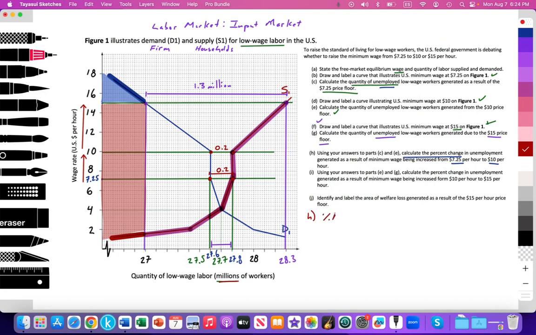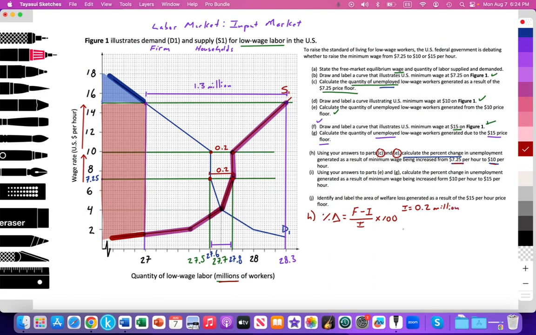Just to practice this, for question H, let's practice using the formula. Percent change is the final value minus the initial value, divided by the initial value, times 100. In questions C and E, which we've already looked at, we can see that the initial value of unemployment is 0.2. So the initial value is equal to 0.2 million at $7.25.